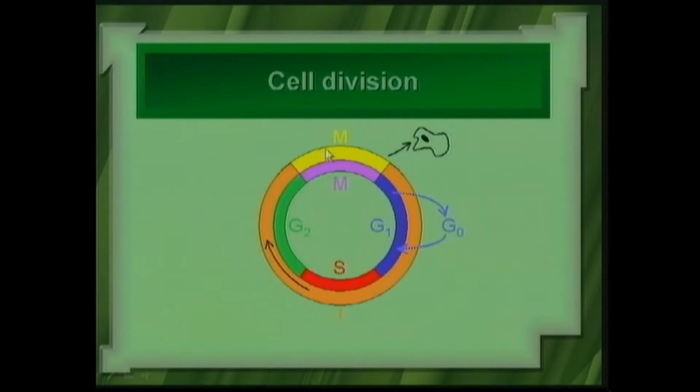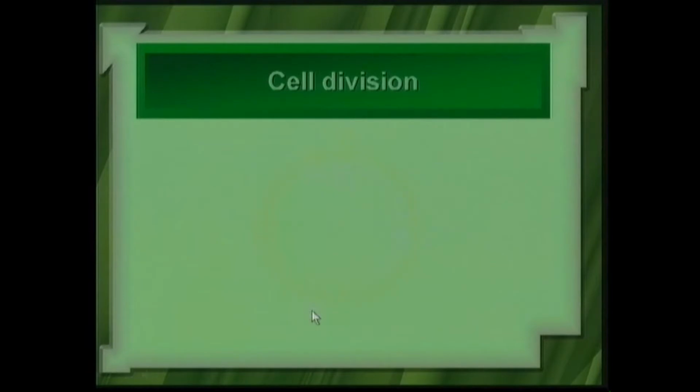The M phase is mitosis and cell division. So you start off with a single cell, going all the way through the interphase, through the gap 1 phase, the synthesis phase, and the gap 2 phase, and then right after mitosis and cytokinesis, you end up with 2 daughter cells from 1 parent cell.